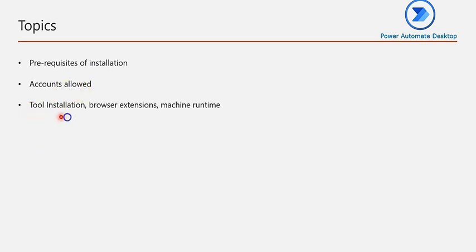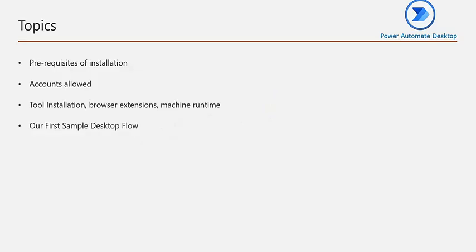The tool installation, even this will be required for you all to interact with browser applications. Extensions are required to be installed, and something called machine runtime. This is used to register a machine where bots are going to run. This is obviously optional if you are running the bots on your own machine, your own desktop. But since this is a training course, I'll be explaining what machine runtime is.